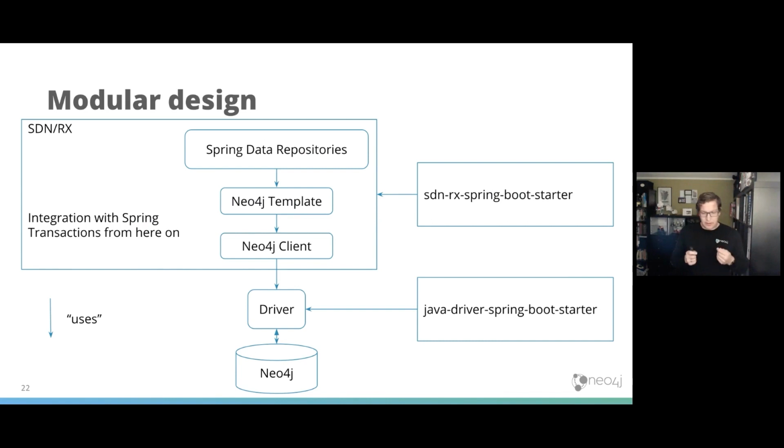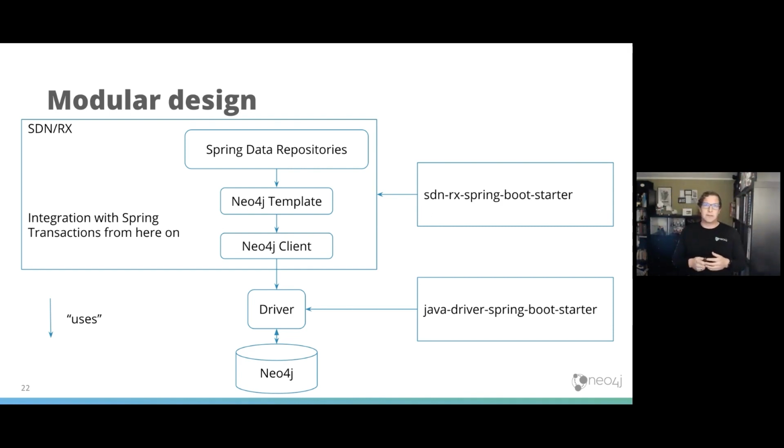But then we were looking at an architecture. So for now, just look at the left part of the slides. We have a pretty modular concept of accessing data. I told you before, we access the database through the driver. And above this, we have a Neo4j client.